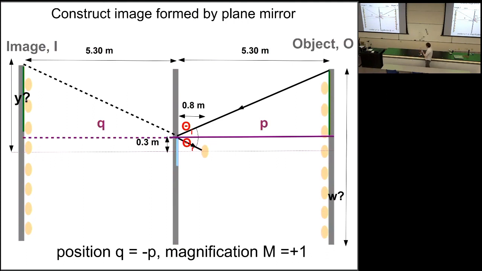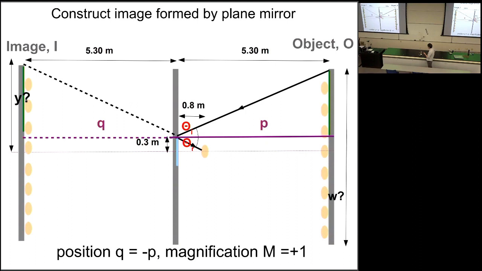So I constructed a sketch of the image of the choir that's seen by the organist in the mirror on the left-hand wall. I'm doing exactly what I did in those very first few slides with the planar mirror. I'm constructing an image of an object using the laws of reflection, using my rules for a planar mirror.